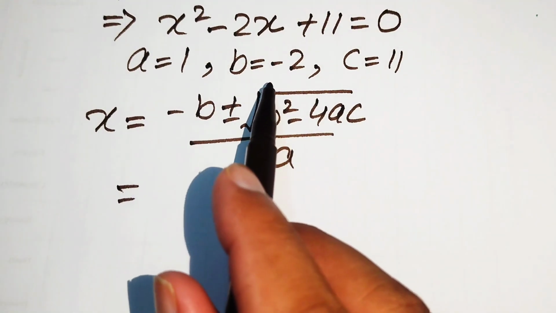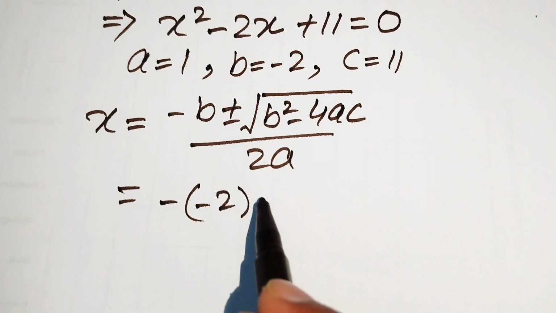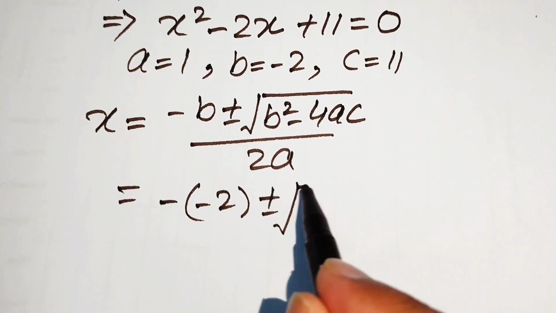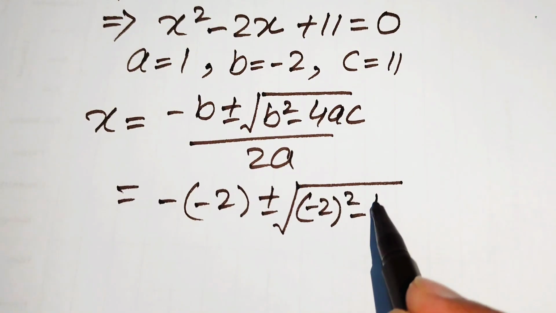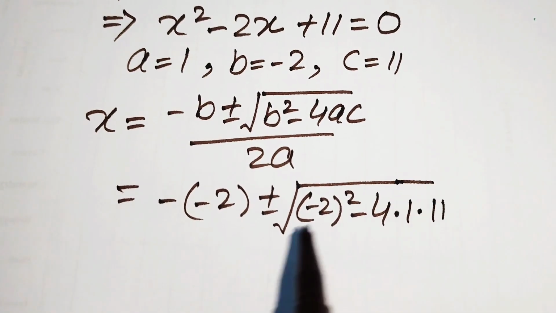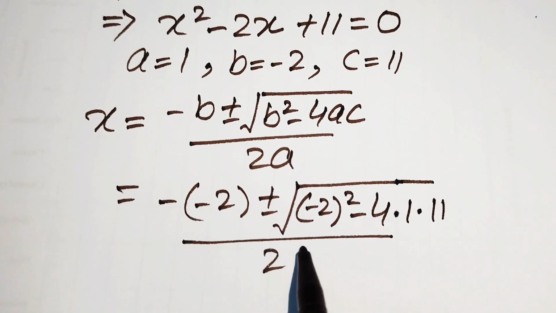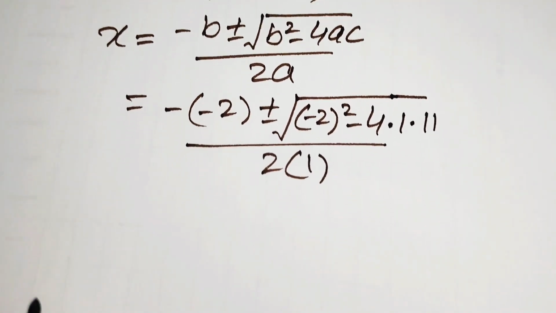First we put the value of b, which is minus 2, and we write it as minus minus 2 plus minus square root of b square, so b is minus 2 square minus 4 times a is 1 and c is 11, and this whole divided by 2 times a, and our a is equal to 1.